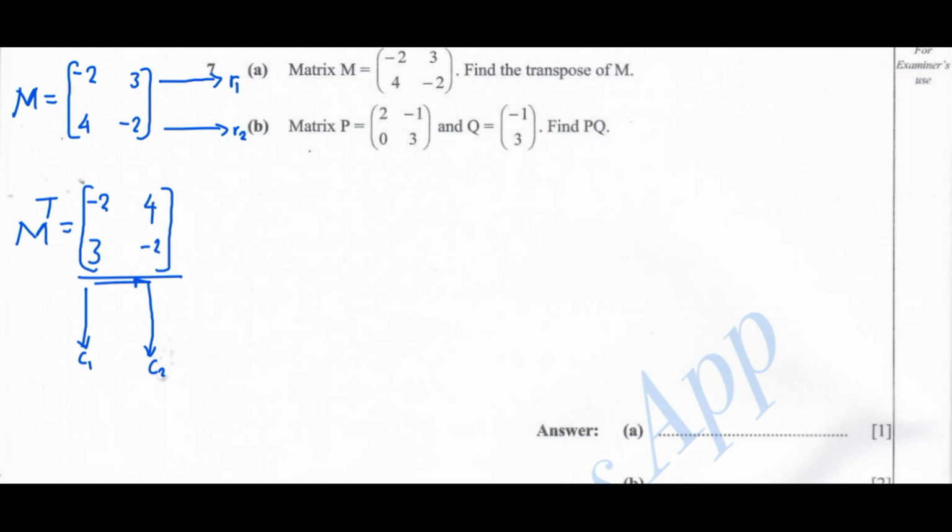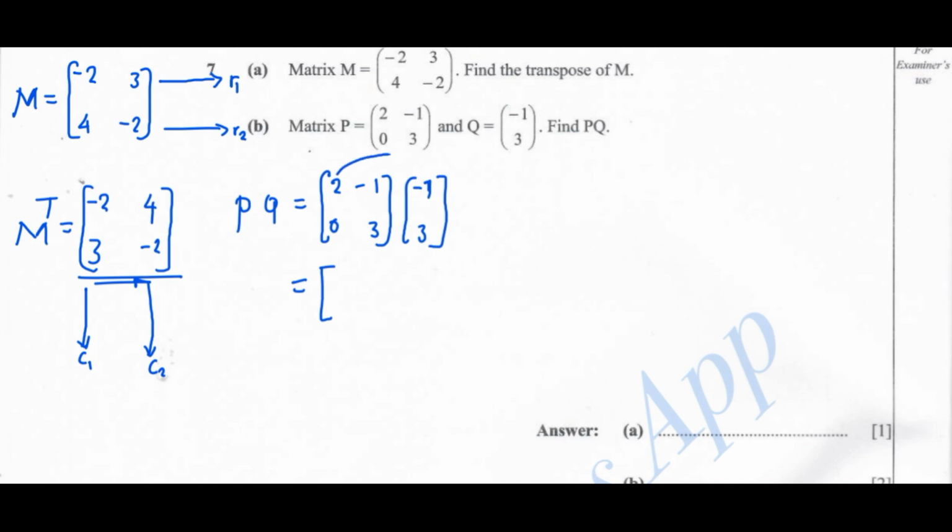Then for B, we want to find the product of matrix P and Q. From the arrangement, we can see that we are starting with P. Then we want to multiply the elements of P with the elements of Q. So it's row by column.